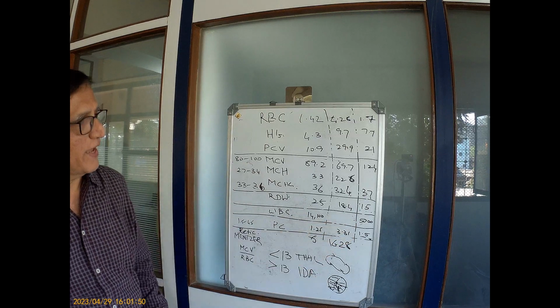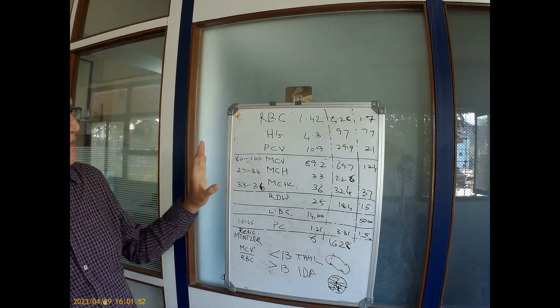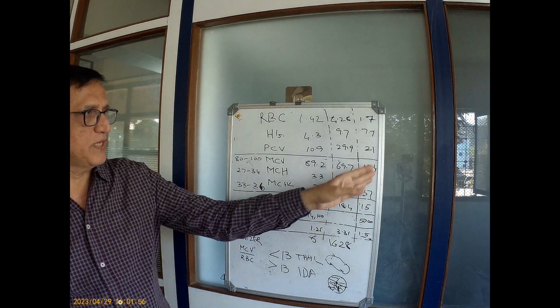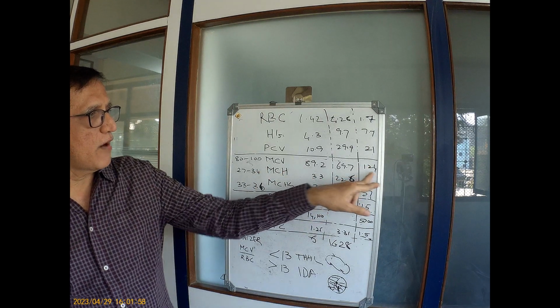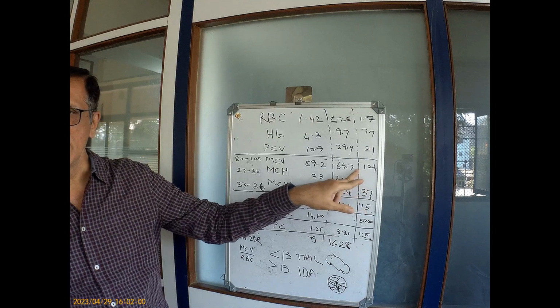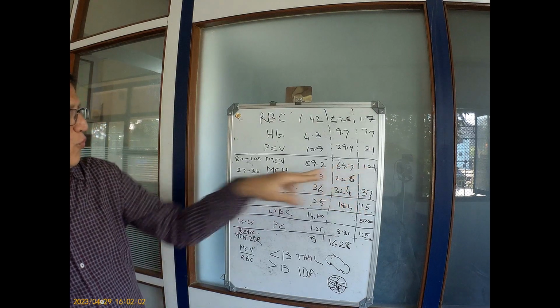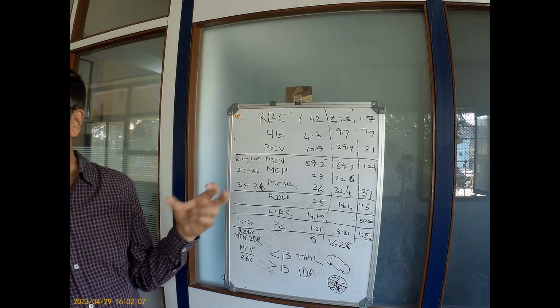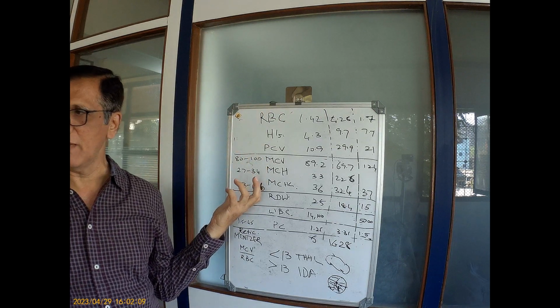And one more thing: in megaloblastic anemia due to B12 deficiency, the MCV goes over 120. 100 to 120 is an in-between phase, when that person is still developing B12 deficiency.